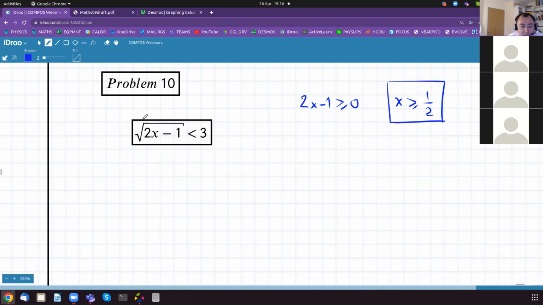But then look, if this is a positive number and this is a positive number, we can square it. Yeah, we can square it, and we have 2x minus 1 is less than 9.